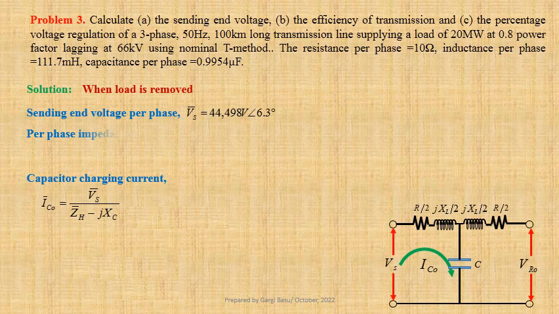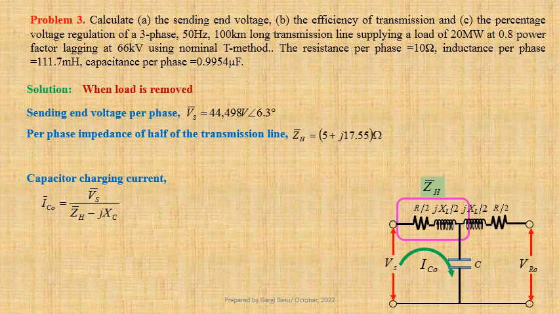Per phase impedance of half of the transmission line ZH equals to 5 plus j times 17.55 ohm, and capacitive susceptance per phase BC equals to 312.7 into 10 to the power minus 6 mho.